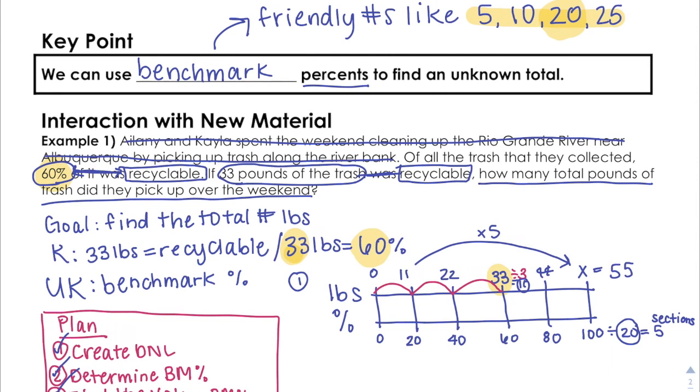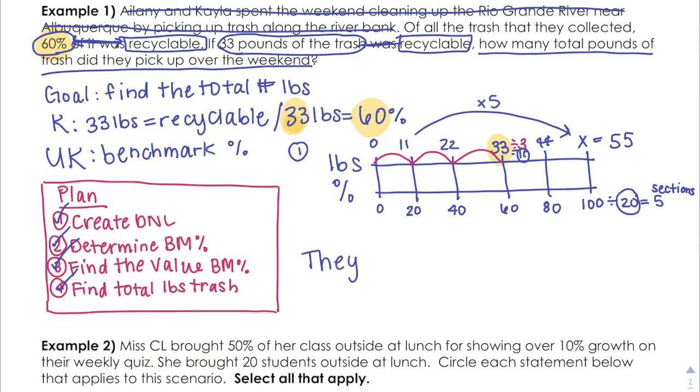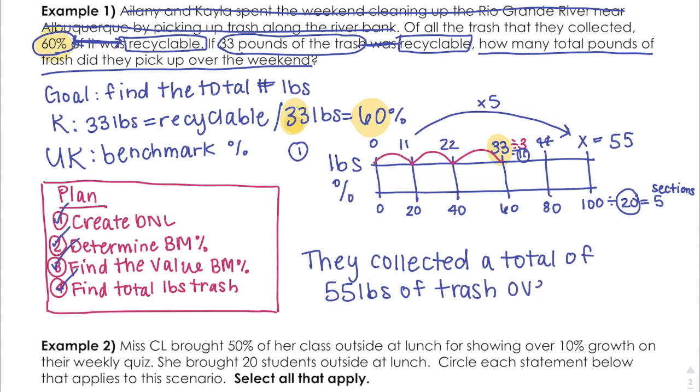That means each line on my number line on top for pounds is worth 11. So I skip counted by 11, 22, 33, 44, 55 to get my variable x. So, they collected a total of 55 pounds of trash over the weekend.